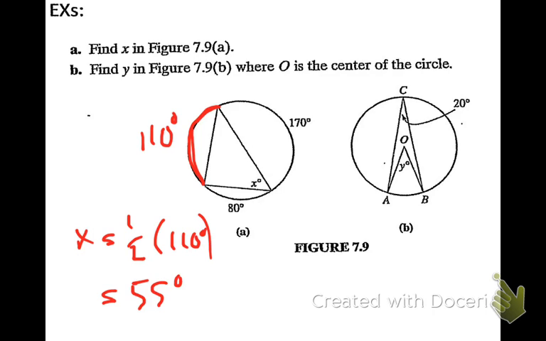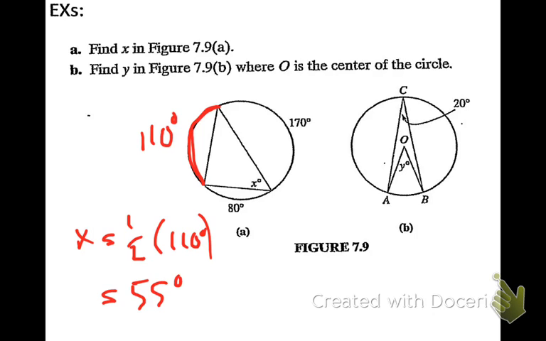Okay, very good. Now, find y in figure 7.9b, where O is the center of the circle. So this time we're given the inscribed angle. We have to find the central angle that corresponds to that.